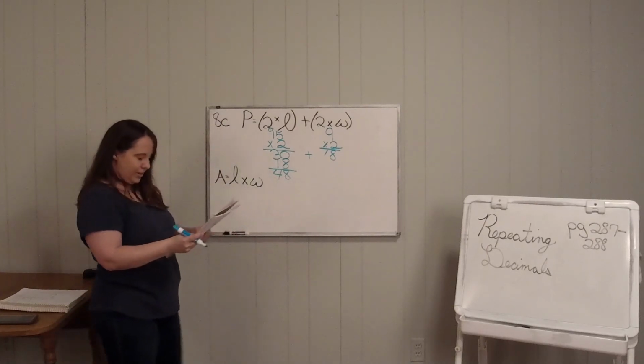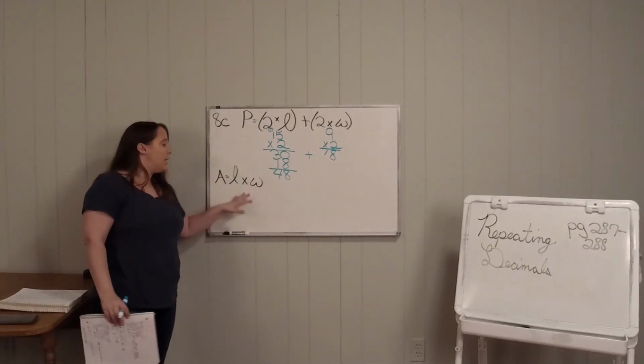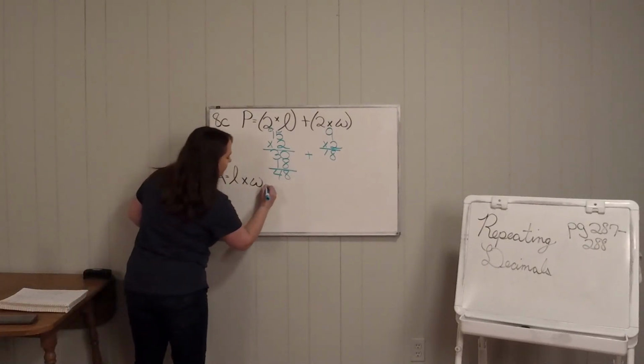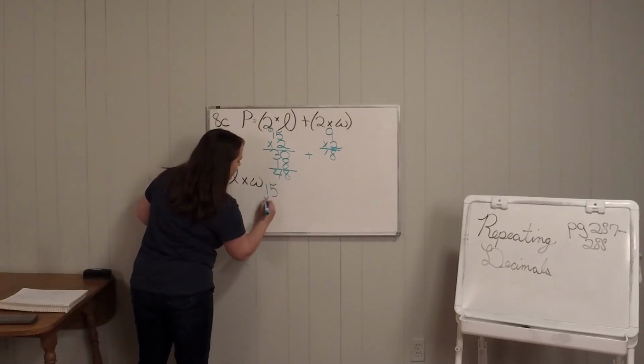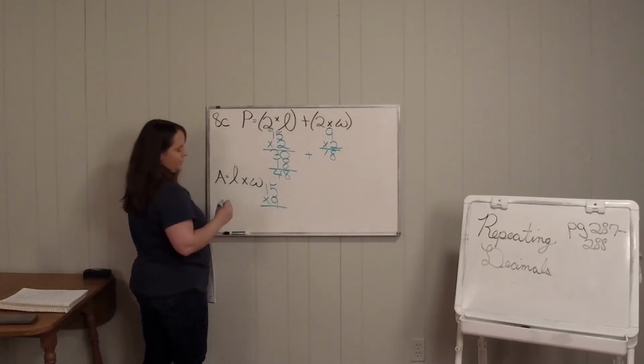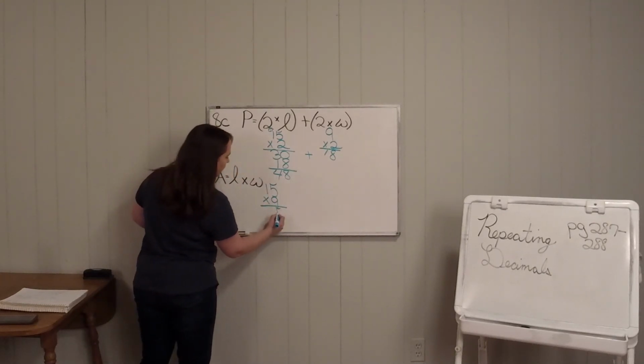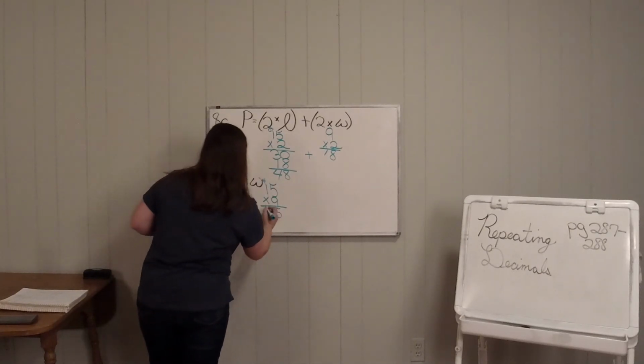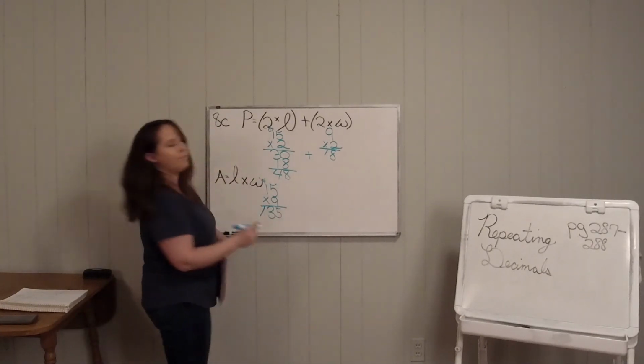So your perimeter is 48. Now for your length times width, now you're going to say 15 times 9. 9 times 5 is 45. 9 plus 4 more is 135.